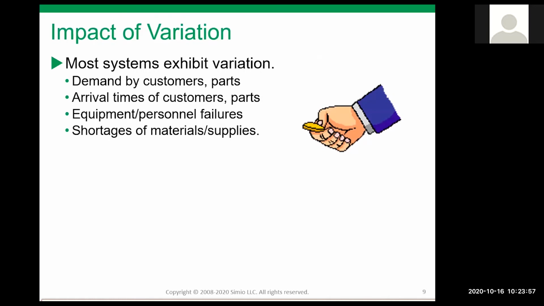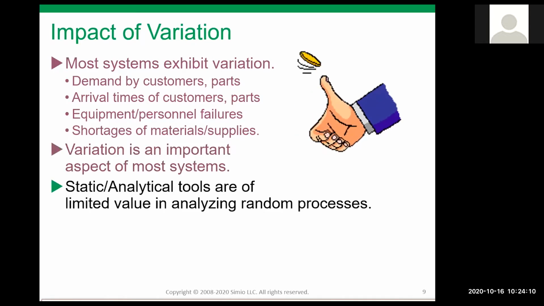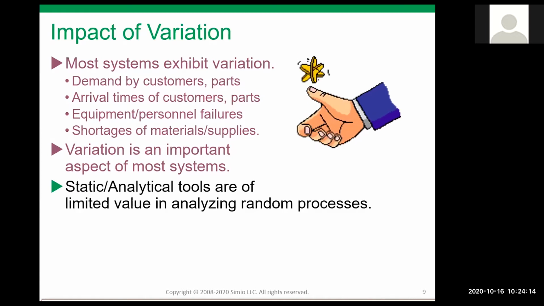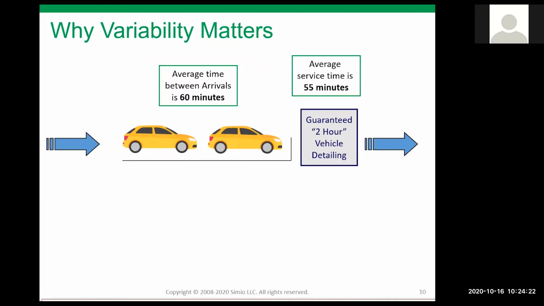Now, that variation thing that I talked about, a lot of people don't really understand the importance of variation. So I have a simple model here to illustrate how important it is. Normally I give this model as a test in front of a live audience, but consider yourselves lucky that I won't be testing you other than asking you maybe some rhetorical questions. So my system is one of auto detailing.